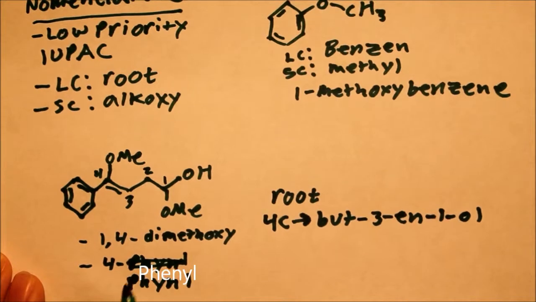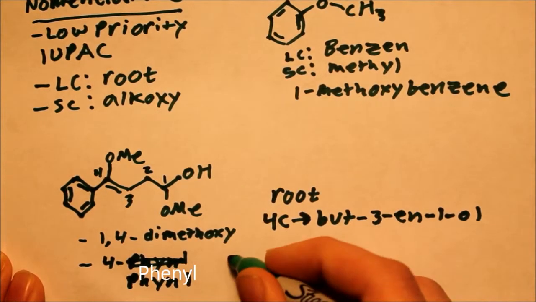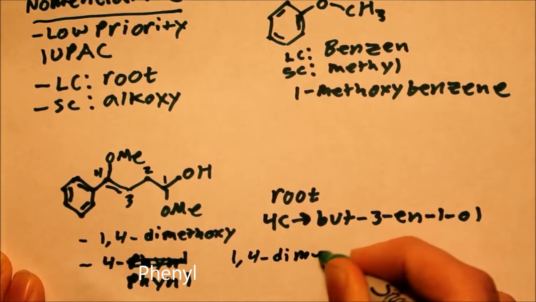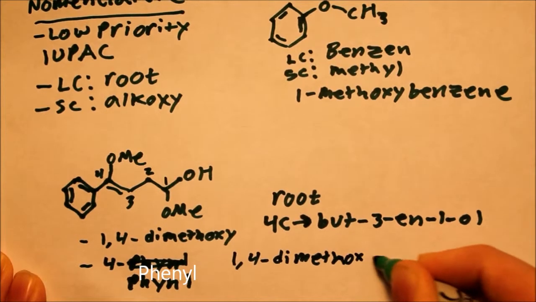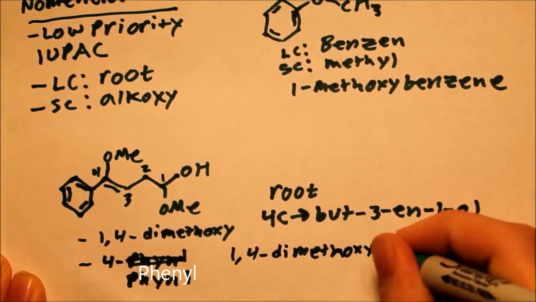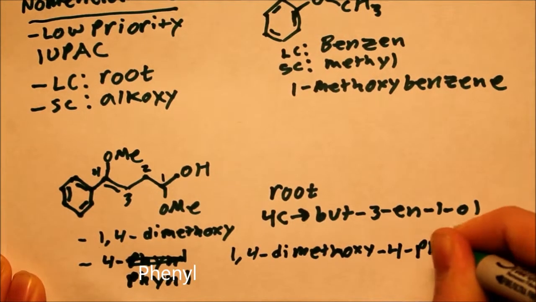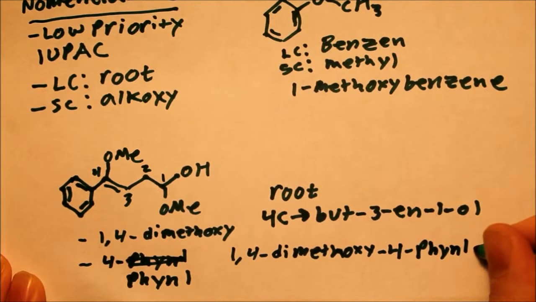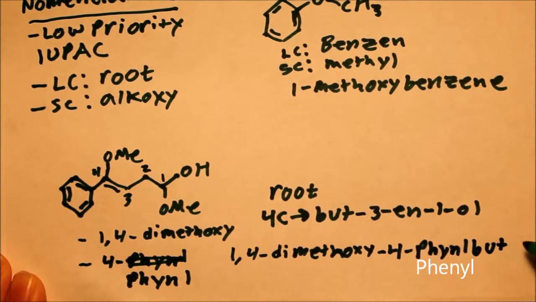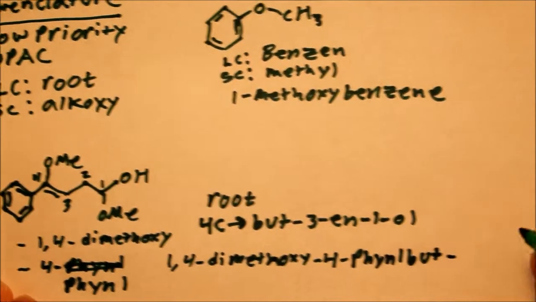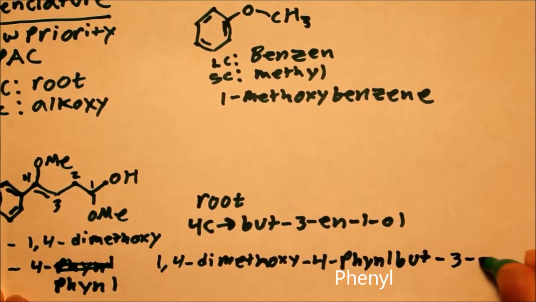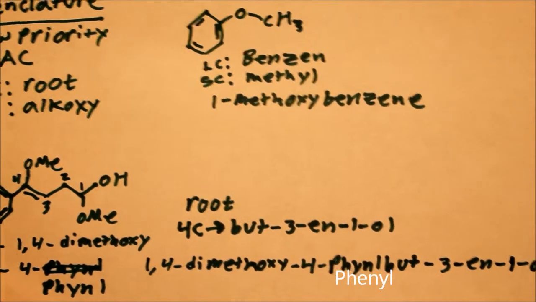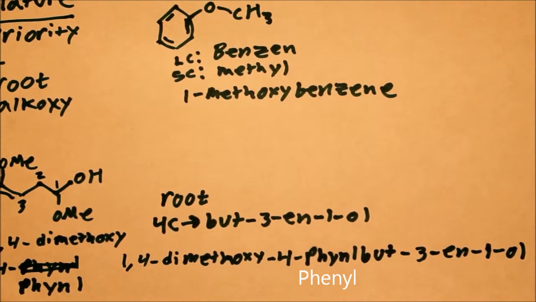D comes before P. And so we know that this is simply 1,4-dimethoxy-4-phenyl-but-3-en-1-ol. And that's our basic nomenclature for this compound.